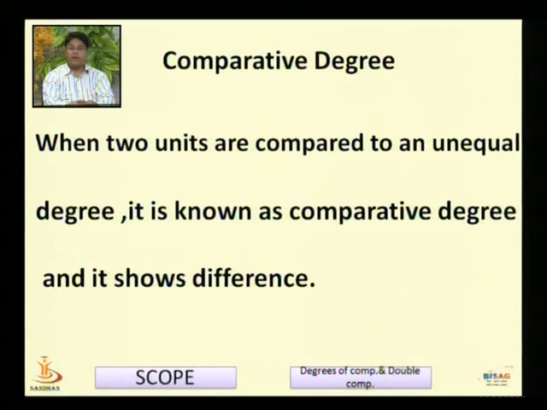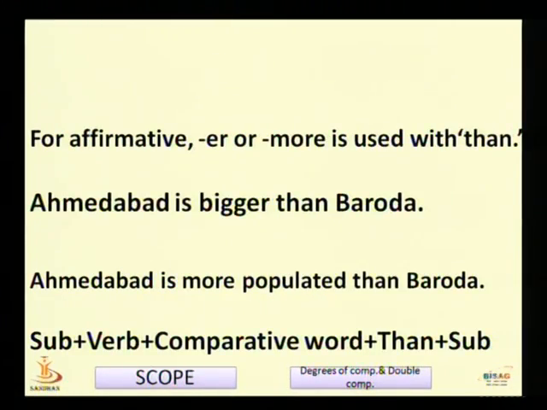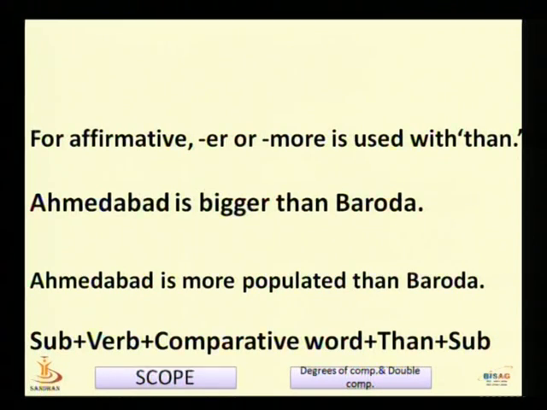Now here in comparative degree they are compared to an unequal degree. For affirmative, er or more is used with than in comparative degree. For example, Ahmedabad is bigger than Baroda.